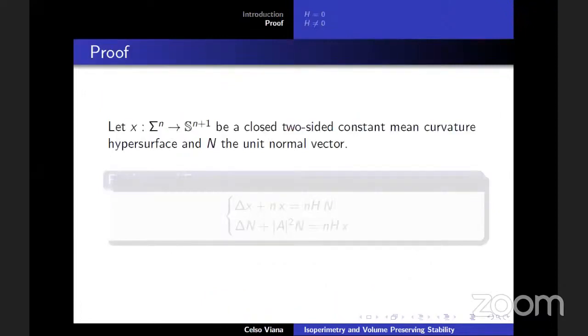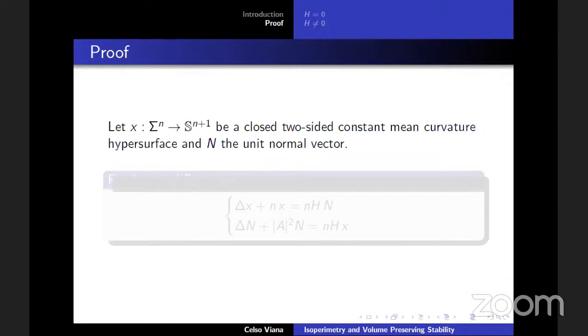It turns out that for the way the proof works, we need to divide the argument in two cases, right? The case where the volume preserving stable surface is minimal, and the case where the volume preserving stable surface is not minimal, right? The case where it is minimal is just the work of Do Carmo-Ritoré-Ros, okay?